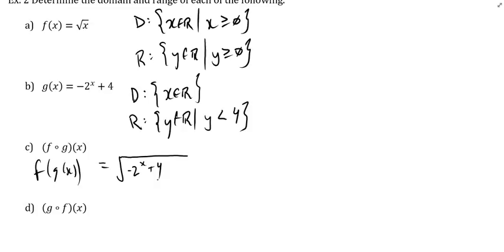The input of a square root function, the radicand, has to be positive. When will that value be positive? That's what we're asking. And then what kind of output are you going to get? This is going to be my range.